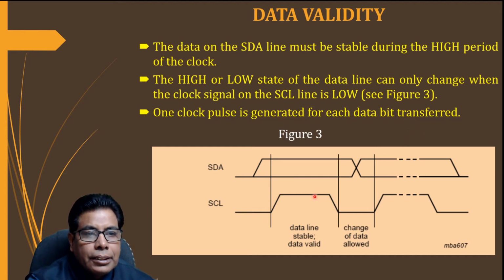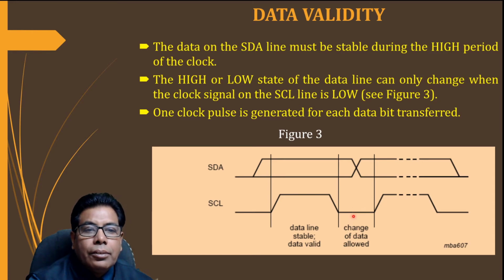Here you can see this is the clock, which is here high and here low. Now the data line, SDA, the serial data line, is high here. During the low period of the clock, change of data is allowed.